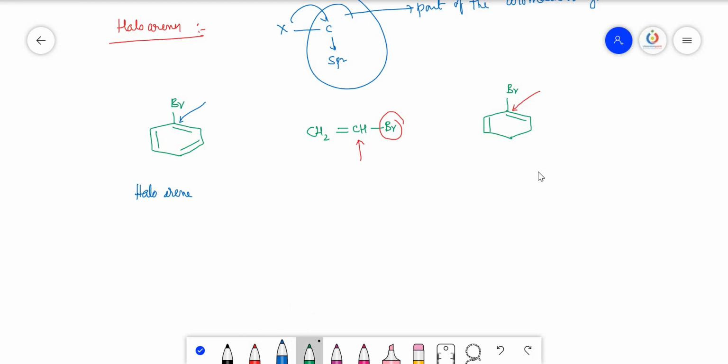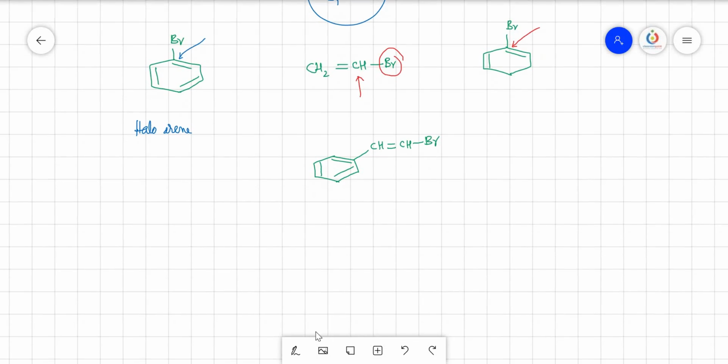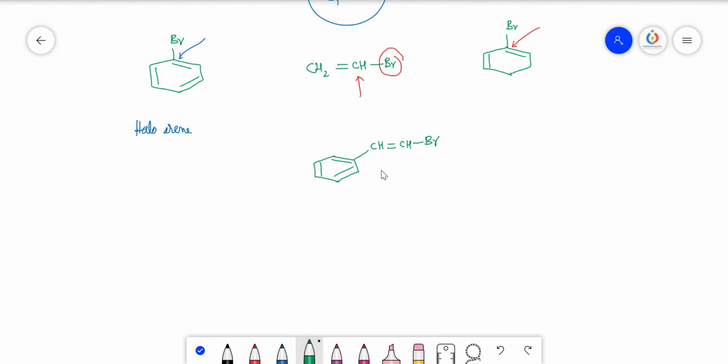You may ask the question, what about this particular molecule? Whether we call this molecule a haloarene or not. No, we should not call this one a haloarene. This is simply a vinyl halide.